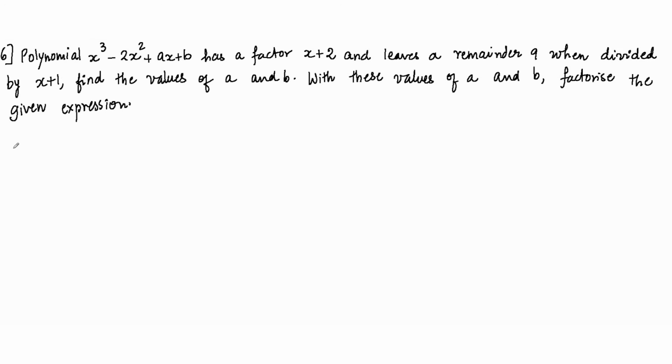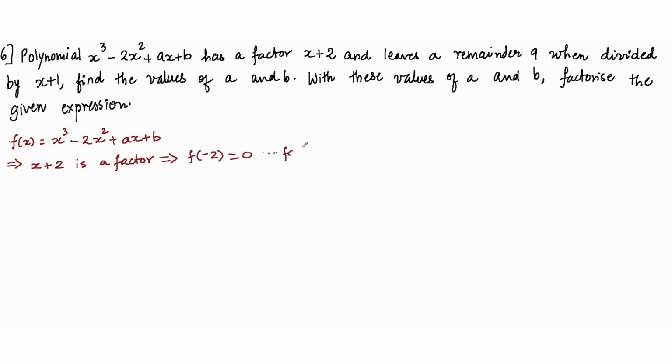It's given that f of x is equal to x cube minus 2x square plus ax plus b. It's given to me that x plus 2 is a factor. So x plus 2 is a factor. This would imply that f of minus 2 has to be 0, right?